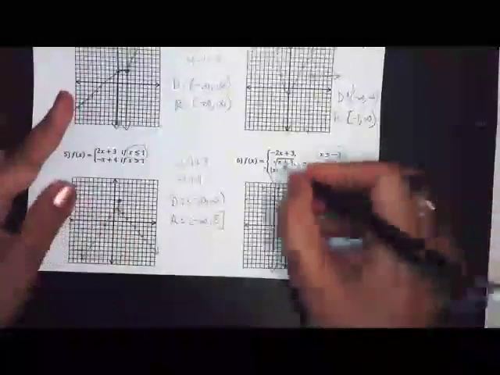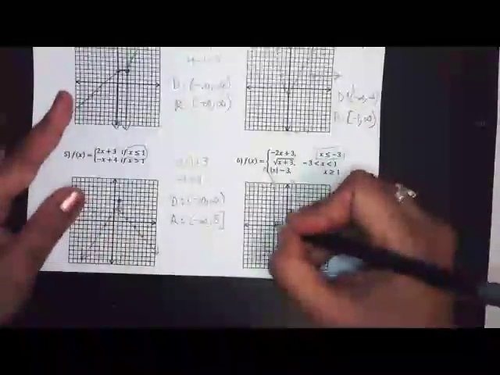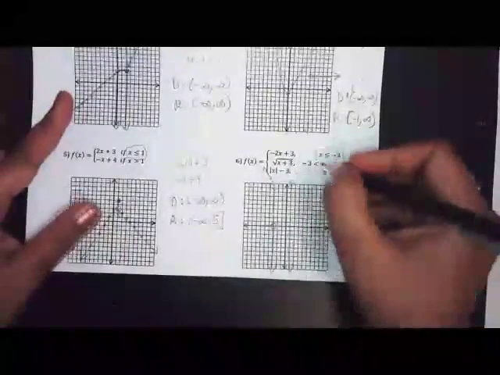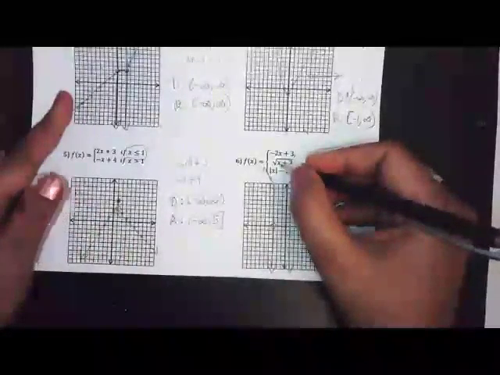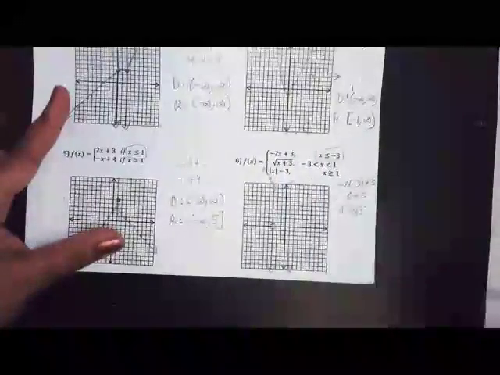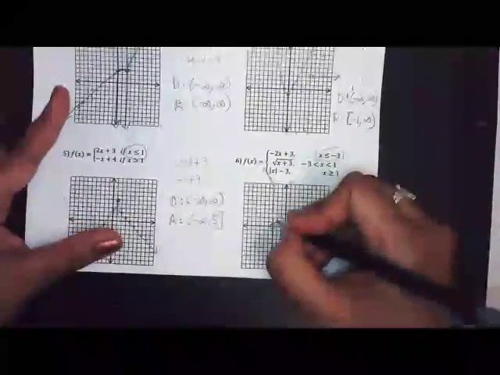And then from negative 3 to 1 we are using a square root function. If I plug negative 3 into the square root function, at negative 3 it's 0, which is the open circle. The next point we can plug in is negative 2: the square root of negative 2 plus 3 is the square root of 1, which is 1. So we can take a point there.